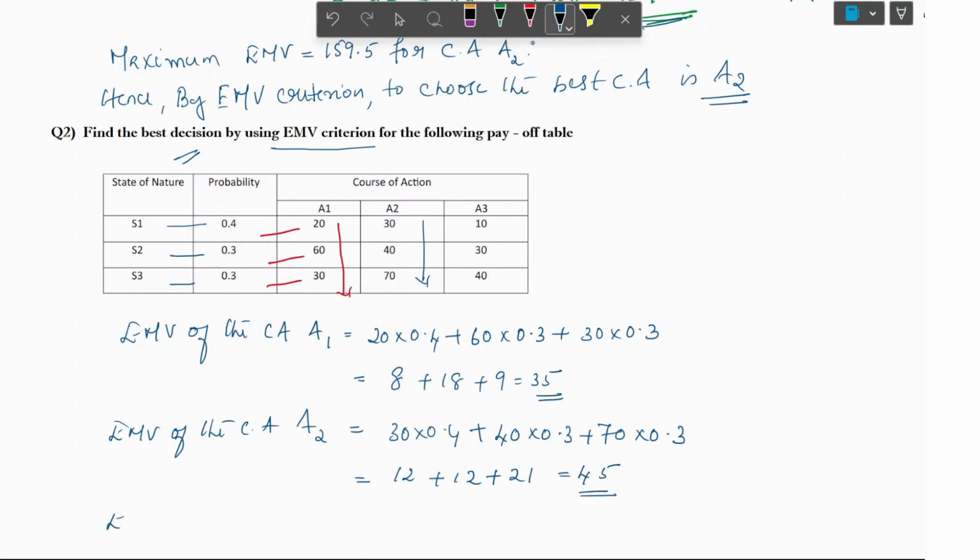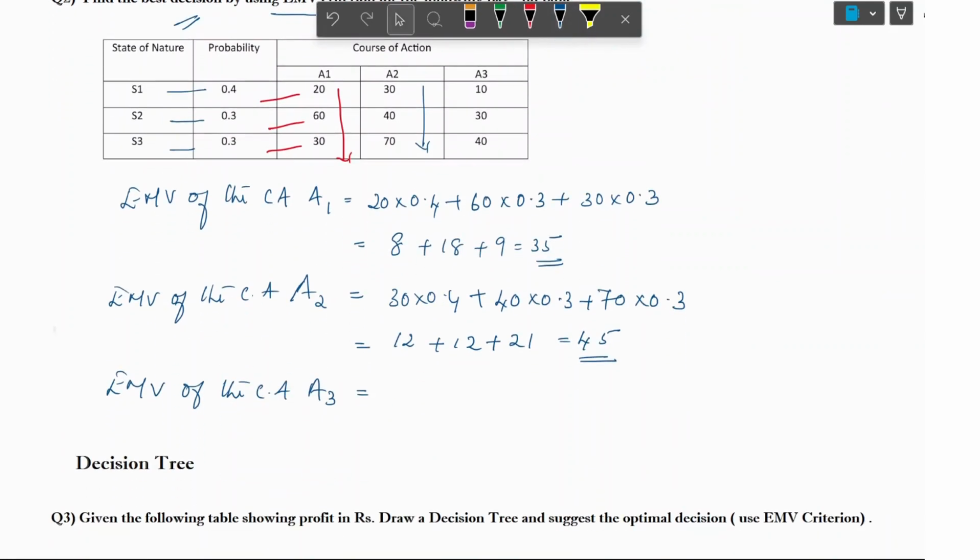The last one, EMV of the course of action A3. Here we need to calculate 10 into 0.4 plus 30 into 0.3 plus 40 into 0.3.